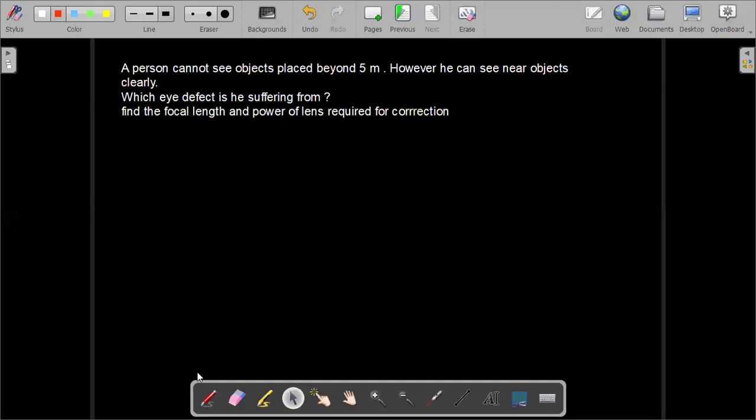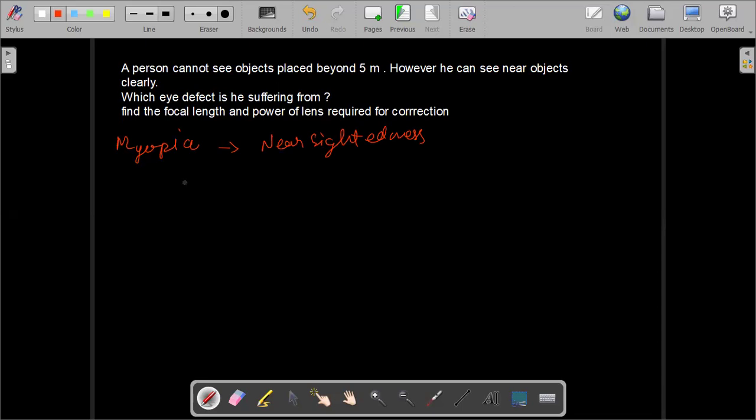Okay, let's see. So we try to understand which eye defect is he suffering from? Myopia. Okay. So it is myopia, which we also call nearsightedness. He is not able to see far off objects. For a normal person, what is the maximum distance that a normal person can see?